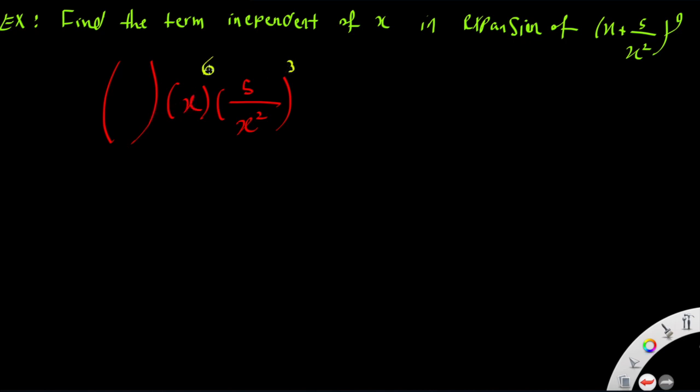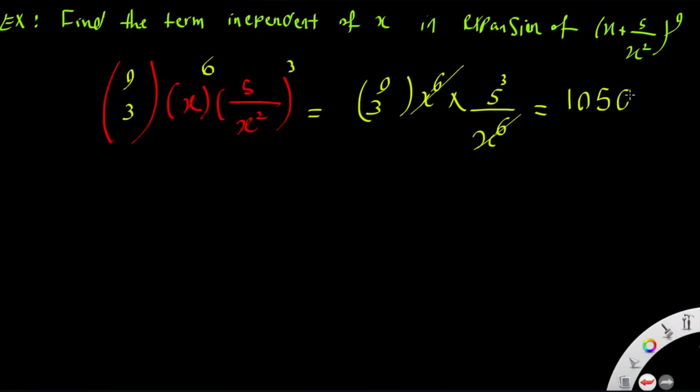It will be x to the power of 6, and here in the denominator will be x to the power of 6 using the power of a power law. Then they cancel out each other. Now what is placed here? 9 and 3. So it will be combination of 9, 3, x to the power of 6 times 5 to the power of 3 over x to the power of 6. They cancel out each other. So the final answer will be 10,500. So this video was about binomial expansion.